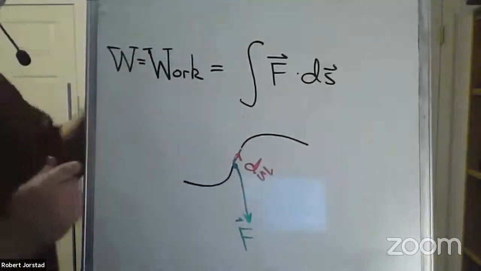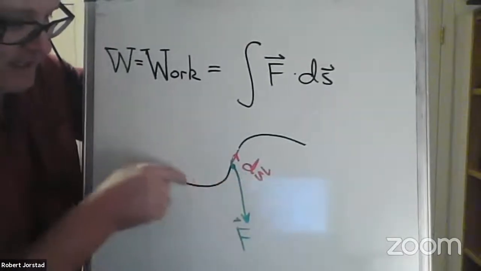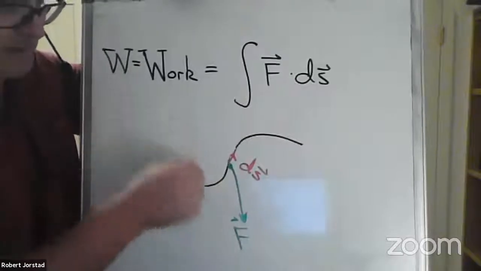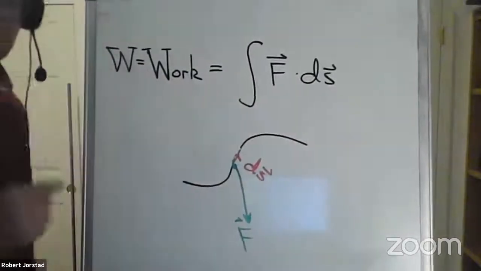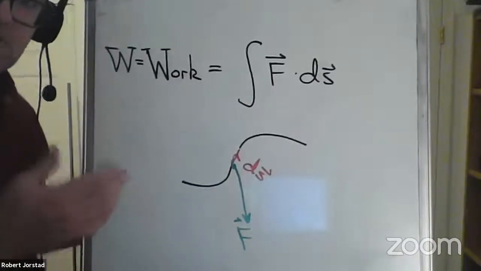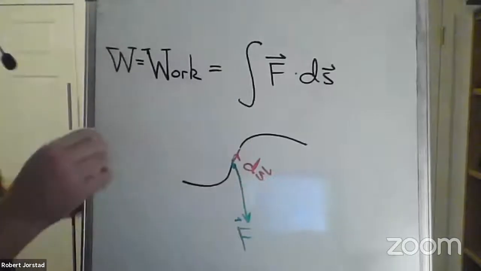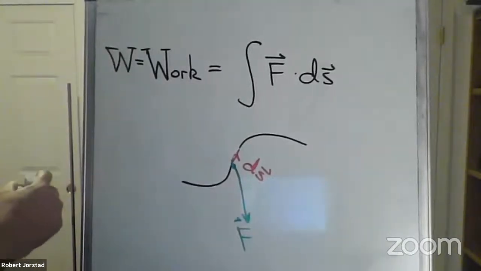The idea here is the force dot the displacement, and then you integrate over every possible displacement, which will give you the work done by this. Work in physics relates to change in kinetic energy, another topic we haven't talked about, so I'll bring that up in just a second.